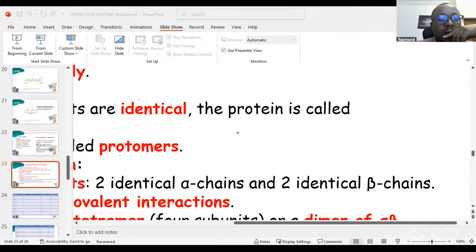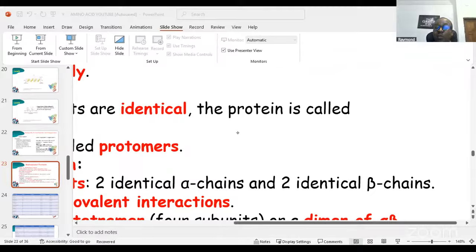You can see some proteins are a single polypeptide chain. Most have two or more subunits that are associated non-covalently. That was what I was saying earlier.